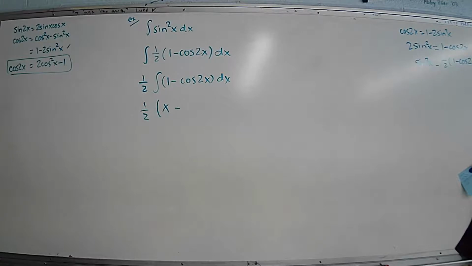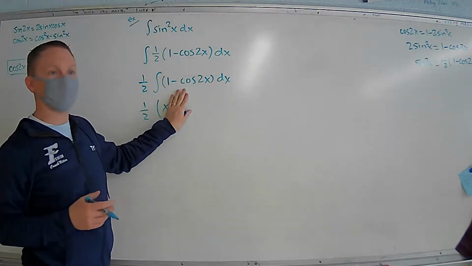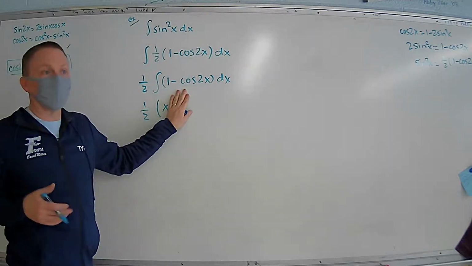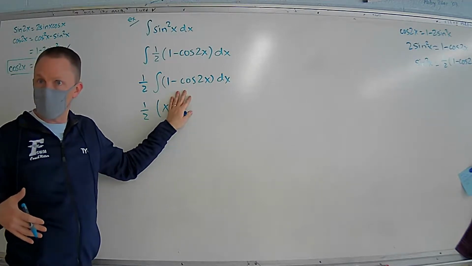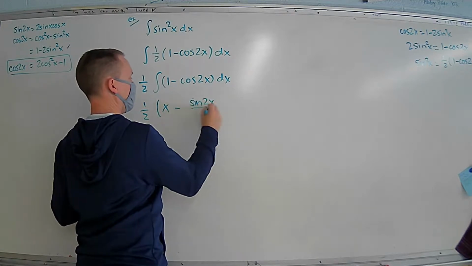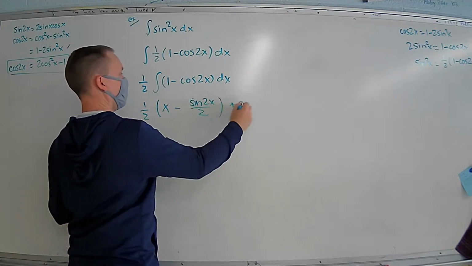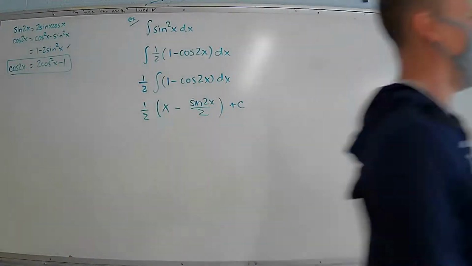Okay? Is it negative or positive? Now, part of that's going to be how you're recognizing this negative. I'm pretending that negative is not there right now. So the antiderivative of cosine of 2x is sine of 2x over 2. So that's going to be negative because of that. Plus C. Okay?